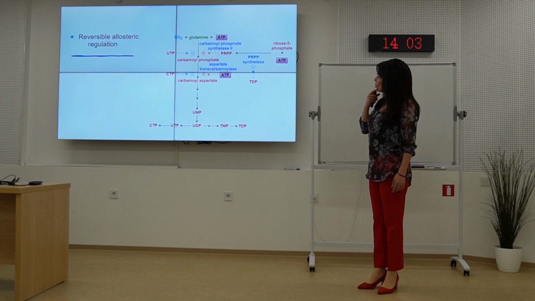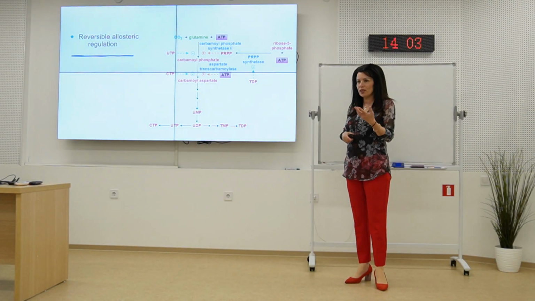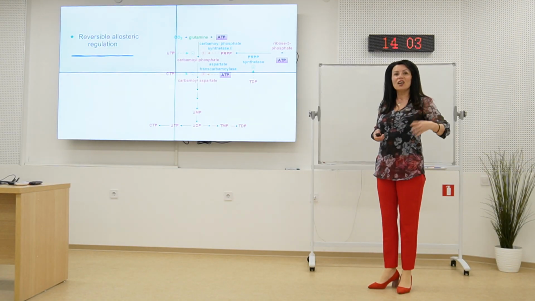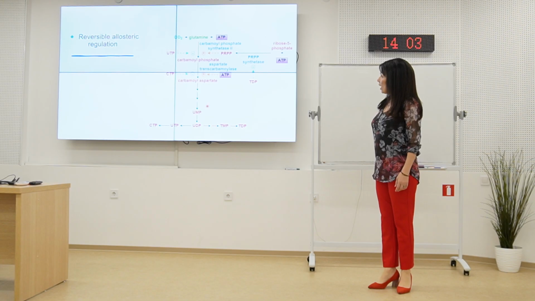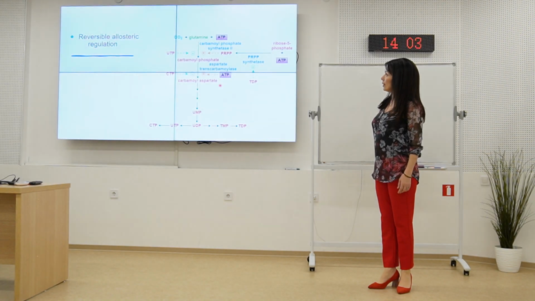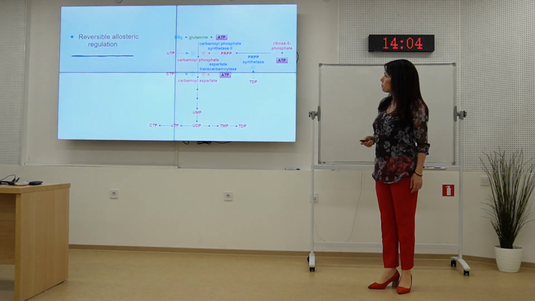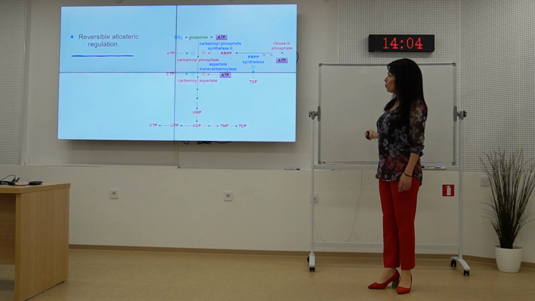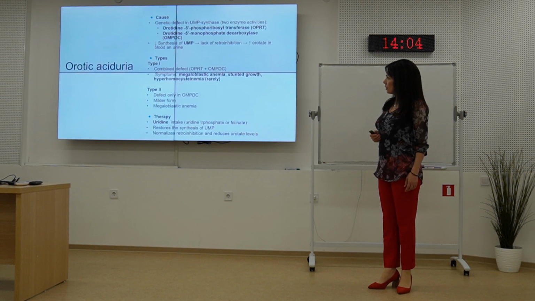Here there is one interesting activation from ATP, but you understood why, because ATP is involved in many processes of de novo synthesis of pyrimidines. ATP is an absolute allosteric activator of the de novo synthesis of pyrimidines. Also, PRPP is an activator, like in the purine synthesis.